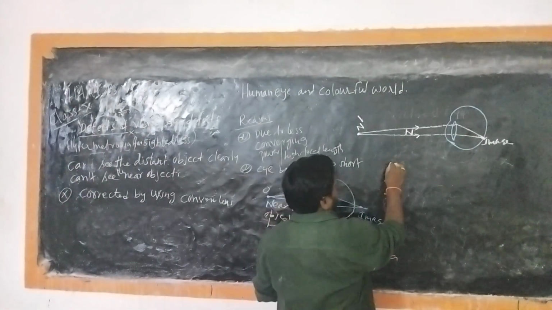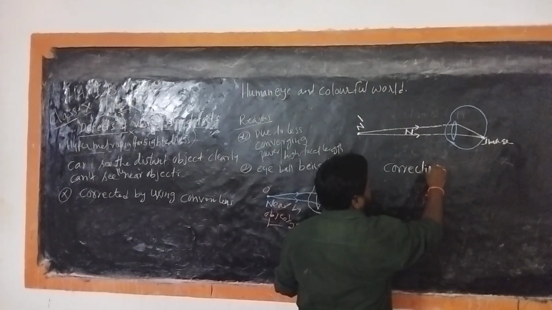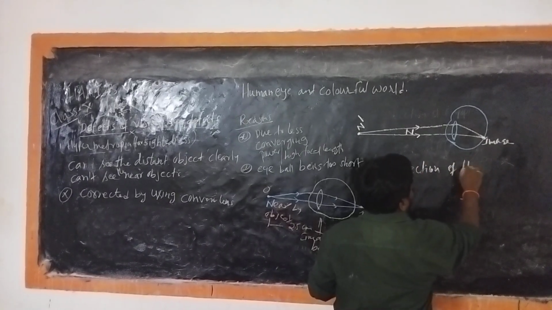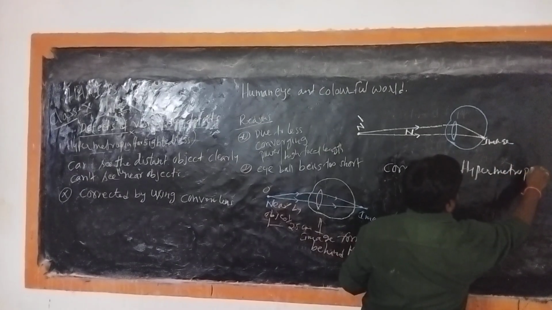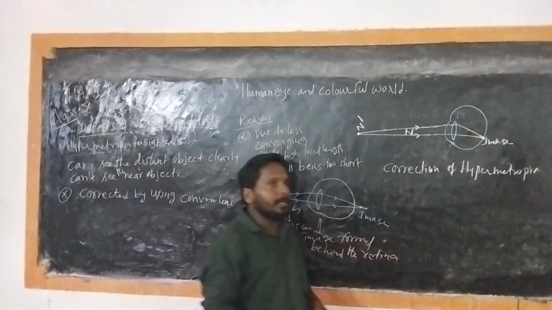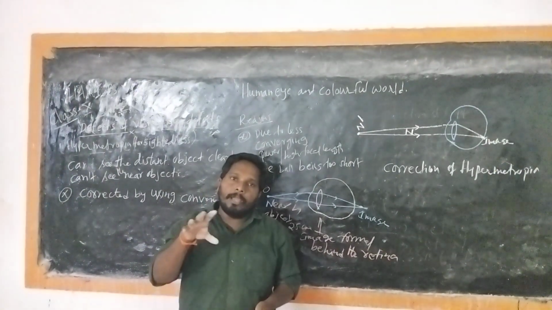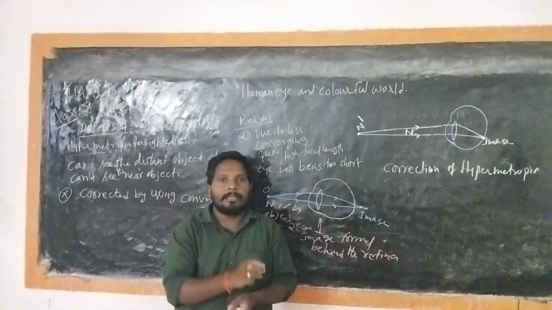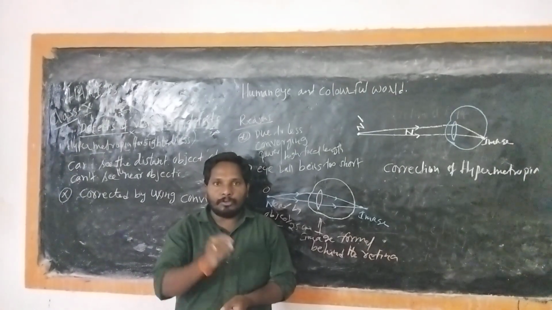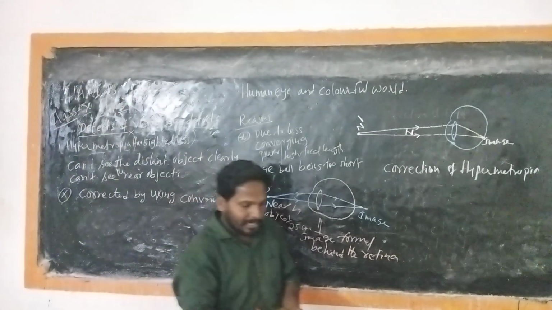To correct or rectify hypermetropia, so correction of hypermetropia: in the case of myopia we have to use a concave lens, but here we have to use a convex lens.